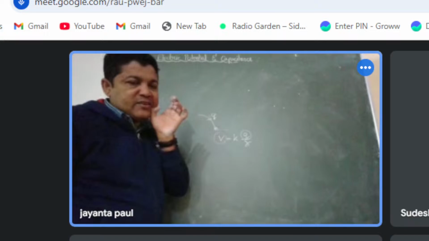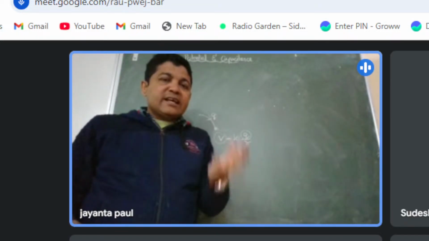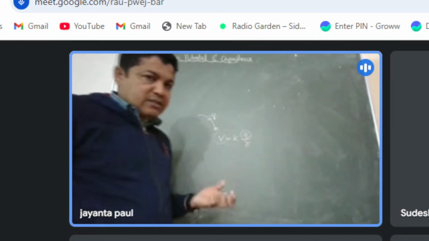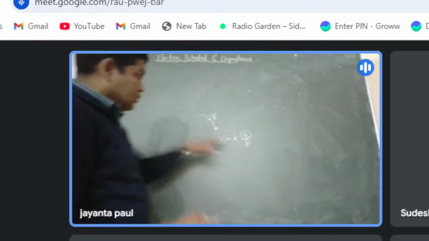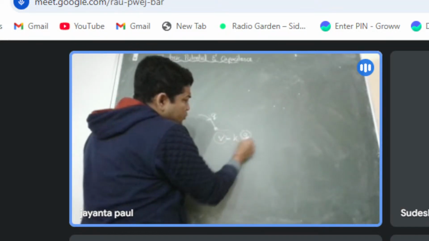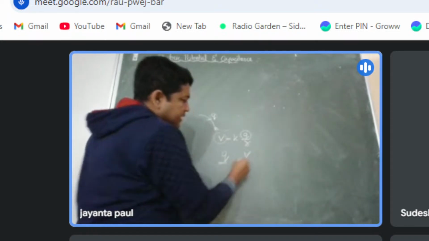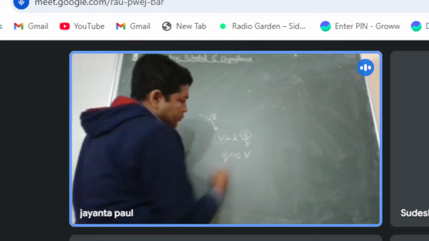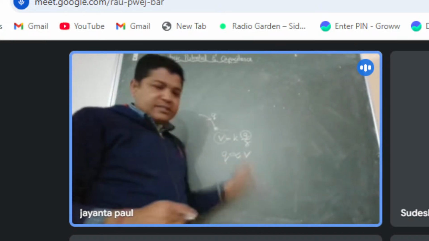तो ability of a conductor to store charge is called its capacitance. The ability to store electric charge by a conductor is called its capacitance. So यहां से पता चल रहा है कि जितना Q बढ़ता जाएगा पोटेंशियल उतना ही बढ़ता जाएगा. So I can write Q is directly proportional to V. जितना चार्ज बढ़ेगा उतना पोटेंशियल बढ़ेगा.